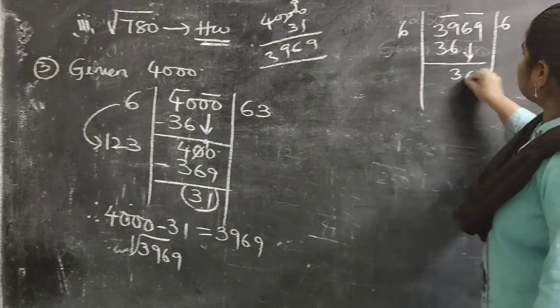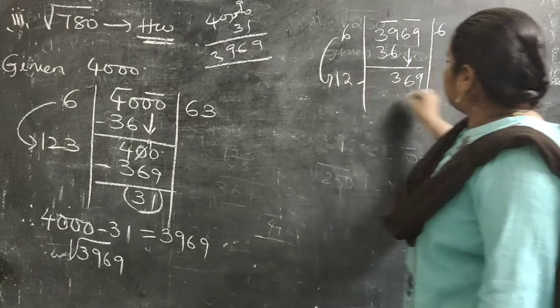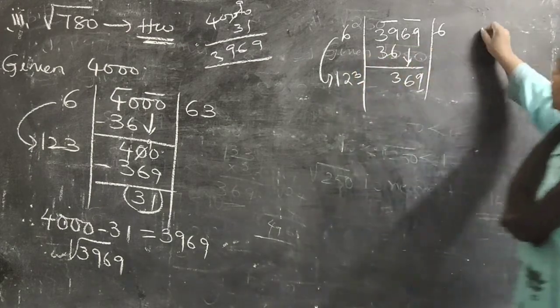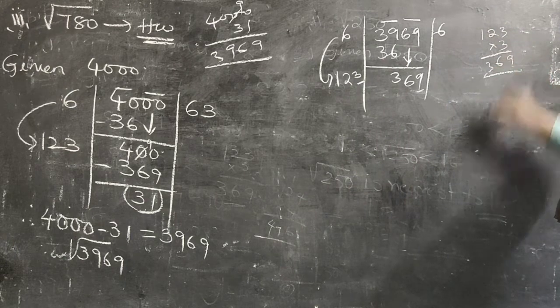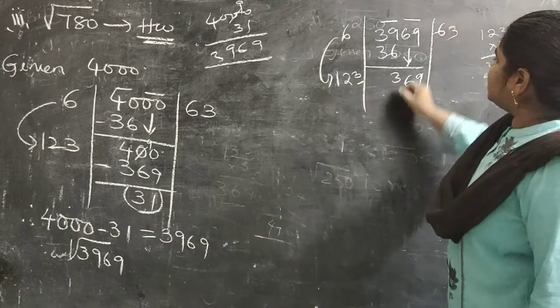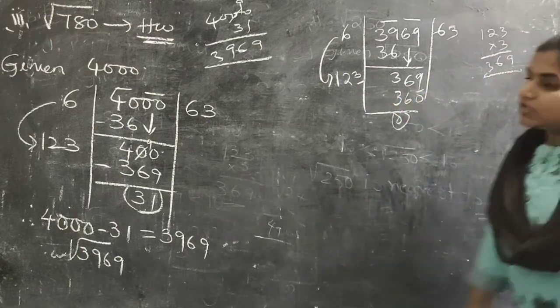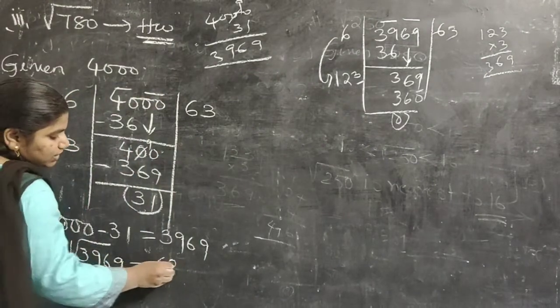Bring this whole number down. 6 doubled is 12. What is the last digit here? 9. So we can take 3. That is 123 3s, you will get 369. That will be remainder 0. So the square root of 3969 is equal to 63.